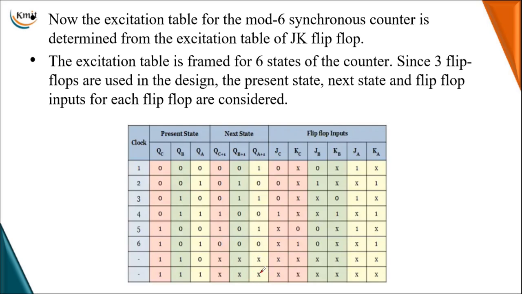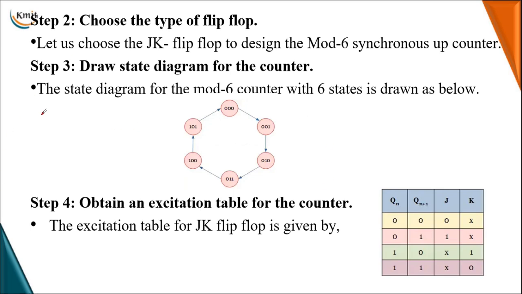Hence these are treated as X states, invalid, and have to be represented as don't cares. The excitation inputs required for them are also treated as don't cares, since those states are not there in the counter. Next, by comparing the present state QC and the next state QC plus 1, we write the inputs using the excitation table of the last slide. If QC is 0 and QC plus 1 is 0, we write 0 don't care.